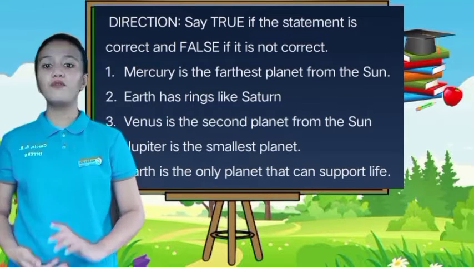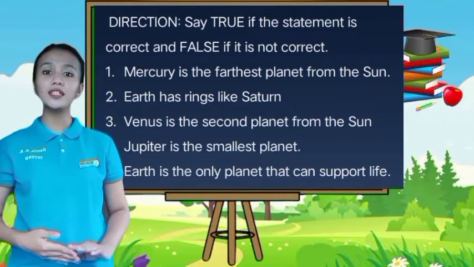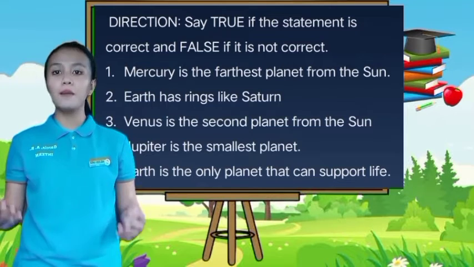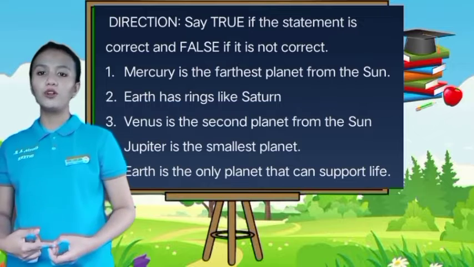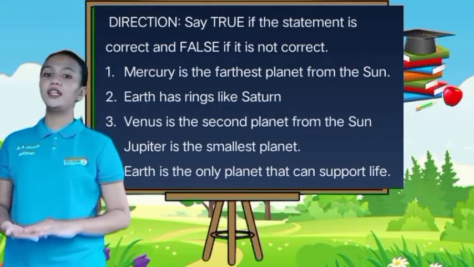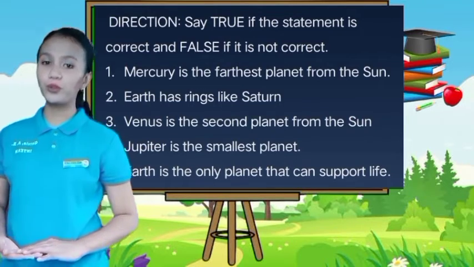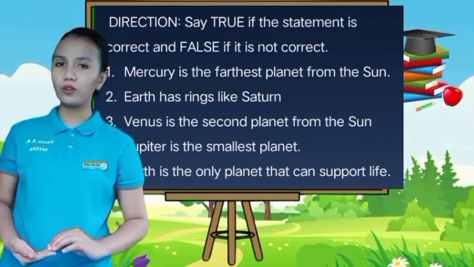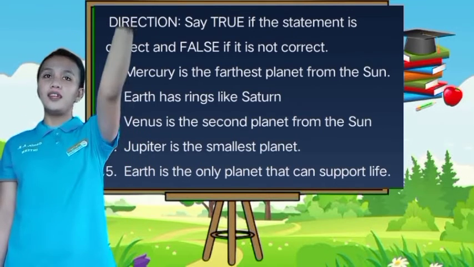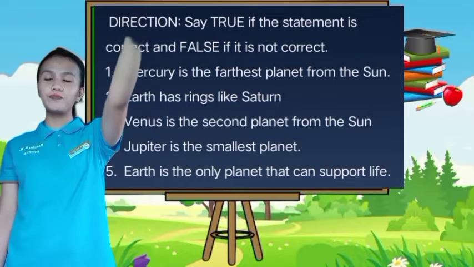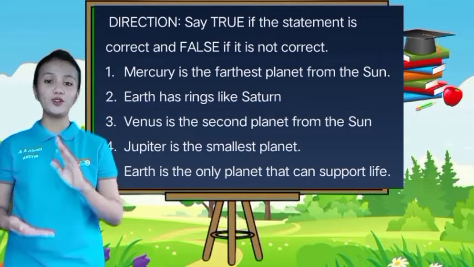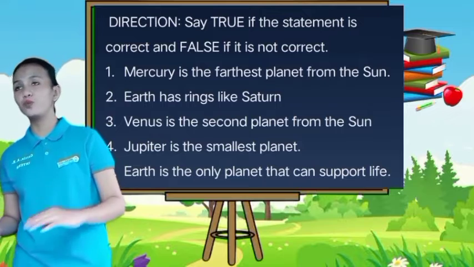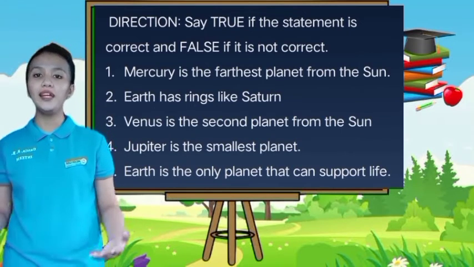It is false because Jupiter is the biggest planet in the solar system. So for the last number, Earth is the only planet that can support life. It is true or false? Yes, Elsa? Very good. It is true because Earth is the only planet that can support life where human beings live.